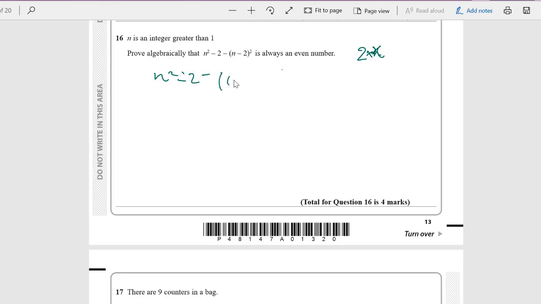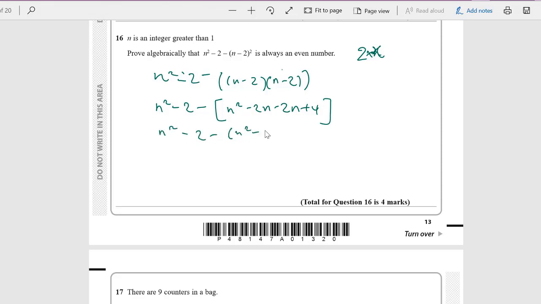So we're going to have n minus 2, n minus 2, and then if I expand out, I get n squared minus 2n plus 4, and then I get n squared minus 2 minus n squared minus 4n plus 4.